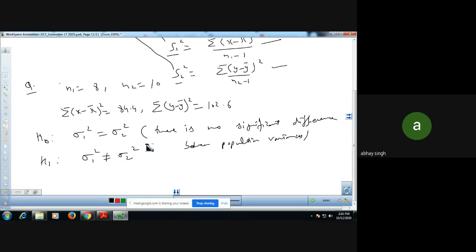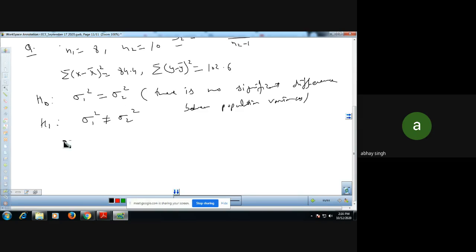Now let us compute the values. s1 square is summation x minus x bar square divided by n1 minus 1. So 84.4 divided by 7, because the sample size is 8 and 8 minus 1 is 7.